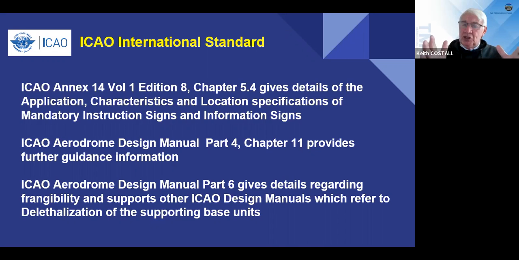Now, these big structures are going to be susceptible to wind shear in bad conditions, but also jet blast, because modern aircraft wings hang over the side of taxiways, depending on the model of aircraft. And so they could be directly in line with our guidance signs.